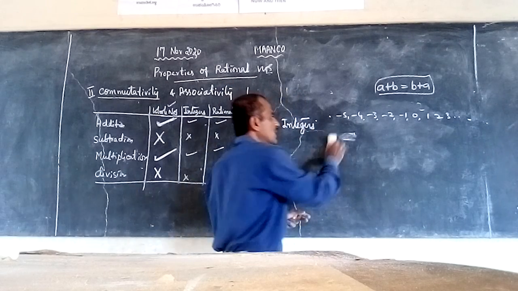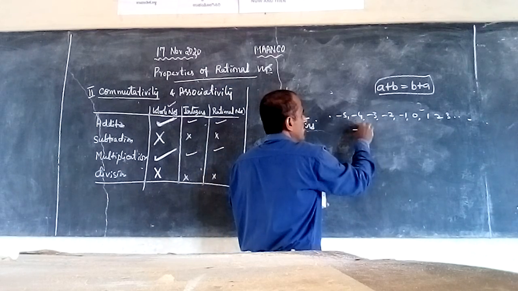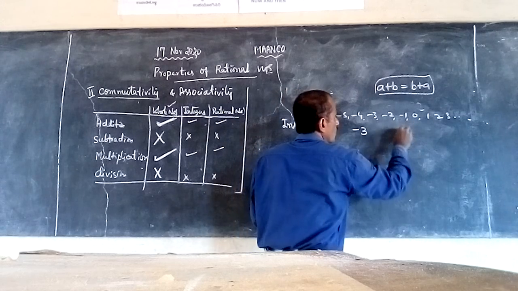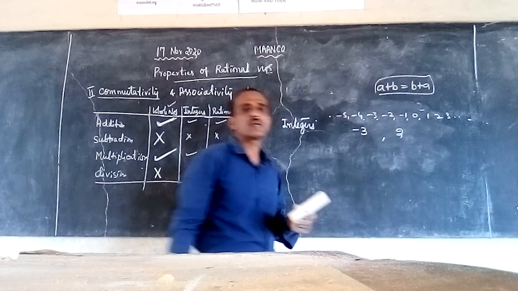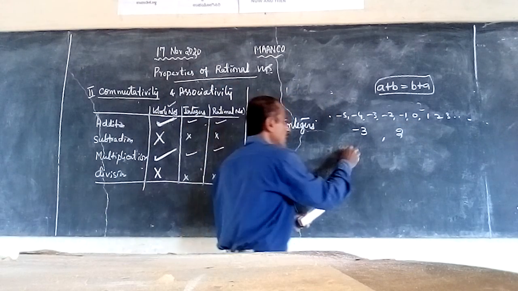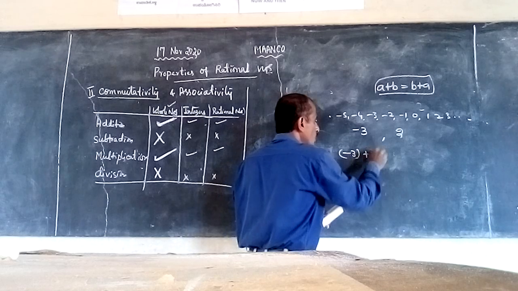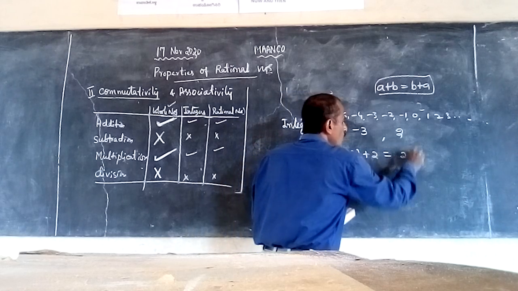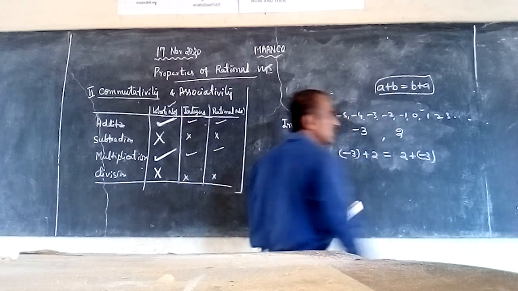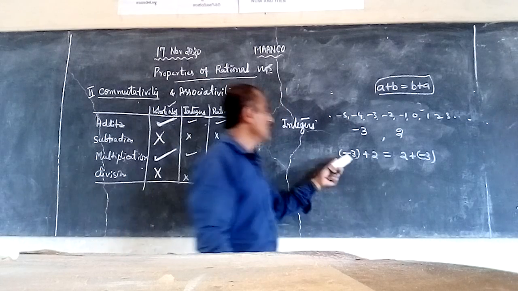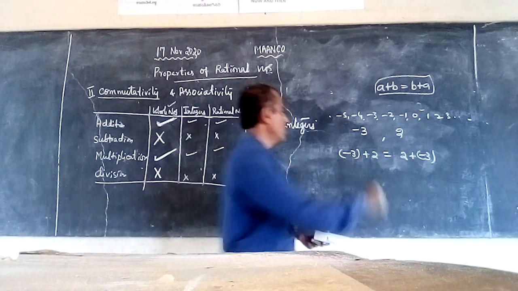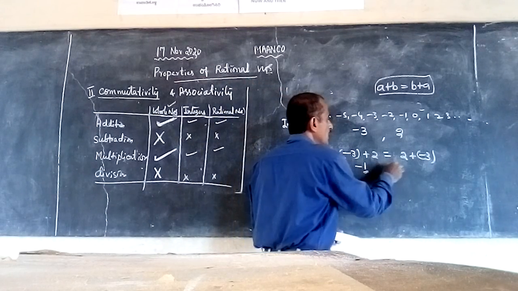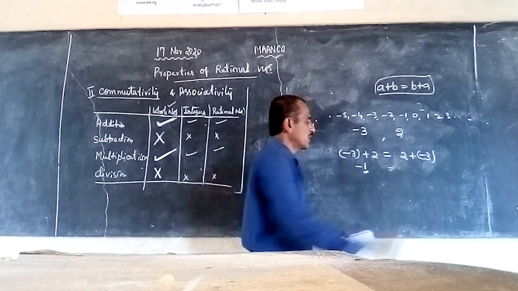Now let us take any two integers. Whether it is correct or not, let us check. Minus 3 plus 2. What is the answer? Minus 1 is the answer. 2 plus minus 3 is also minus 1.